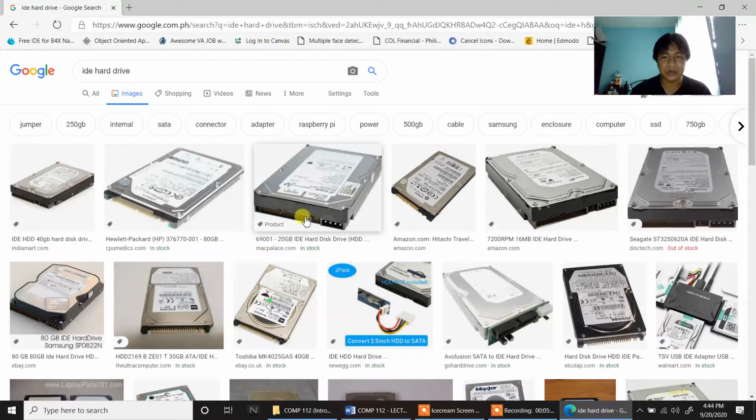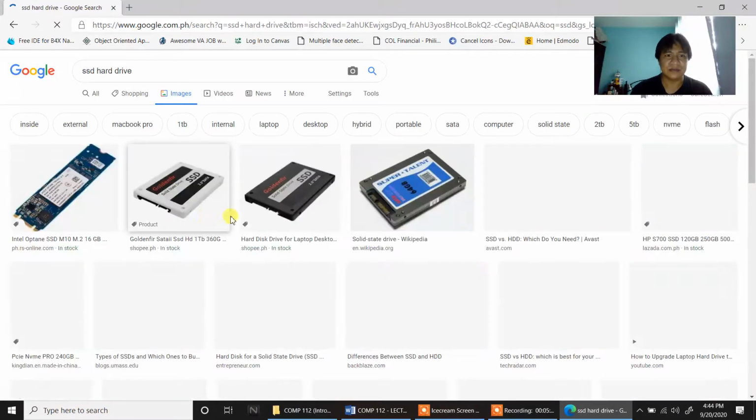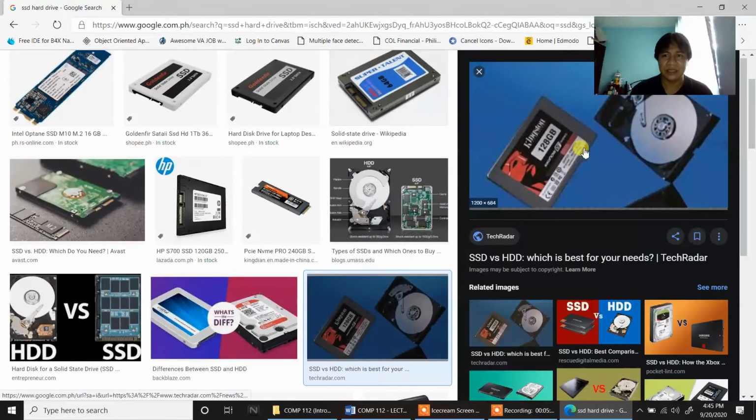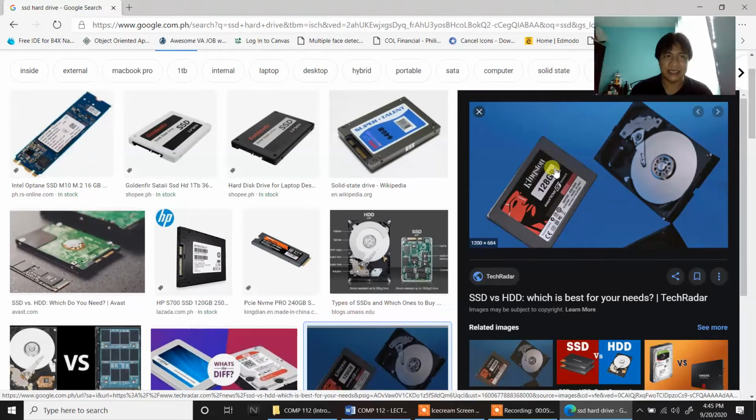Compared to right now, we have SSD or solid state hard drives, wherein they already phased out the old mechanical one with a disk and a read and write head that reads your disk. Now it's a chip, only enclosed in an enclosure, but it's a microchip. And then the latest right now is the M.2 SSD hard drive.